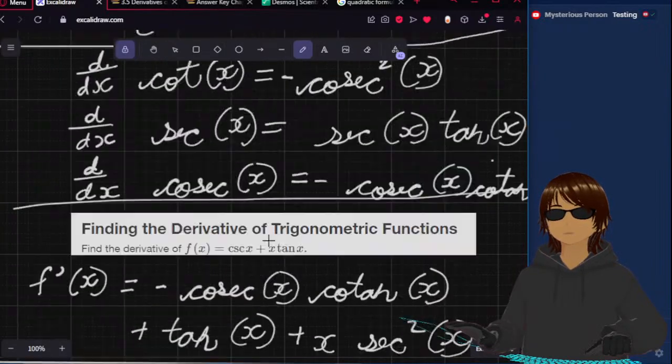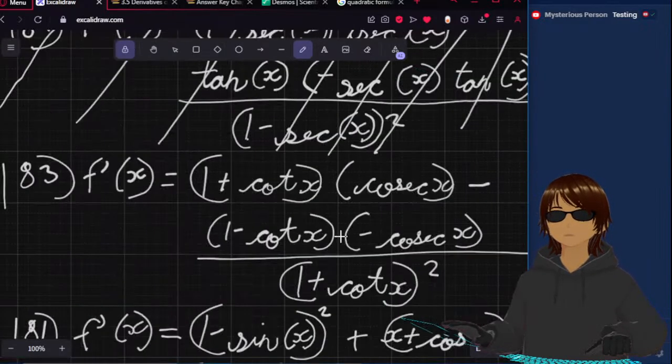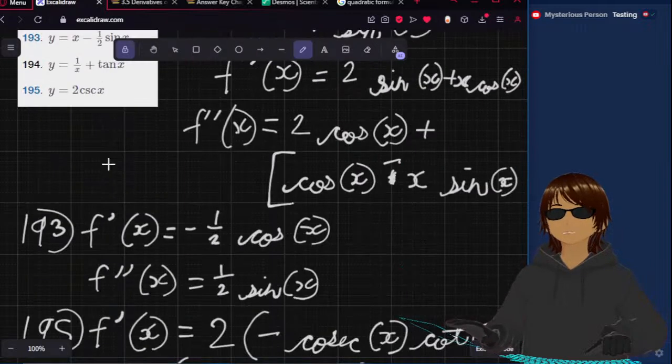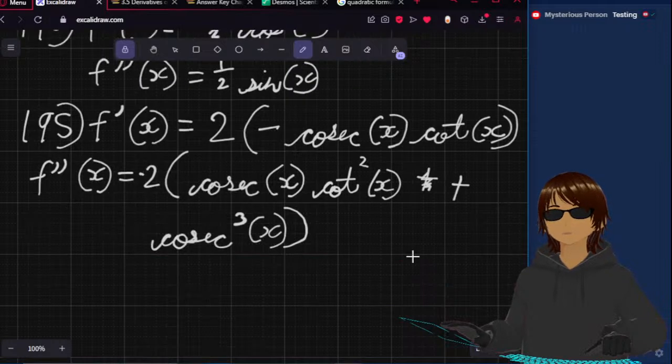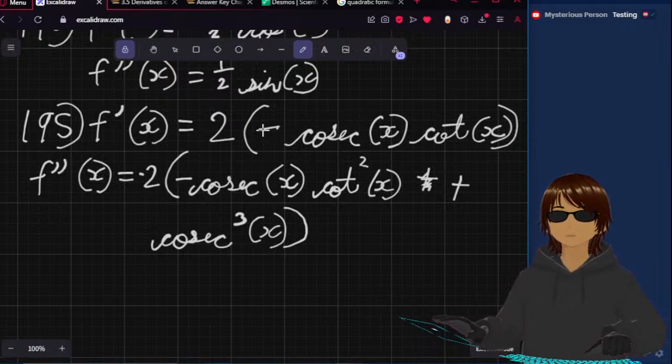Cosecant. Derivative of cosecant is minus cosecant and cotangent. Then the derivative of the first. This would be minus. I took the minus out over here, and for this one, it's minus cosecant and cotangent, and then times it by cotangent plus cosecant.